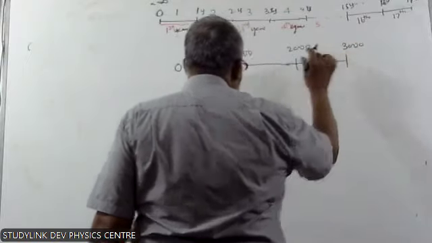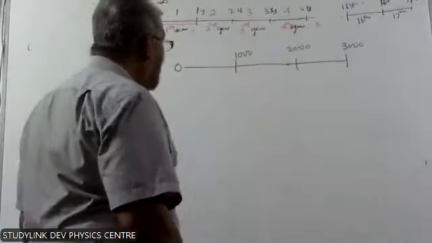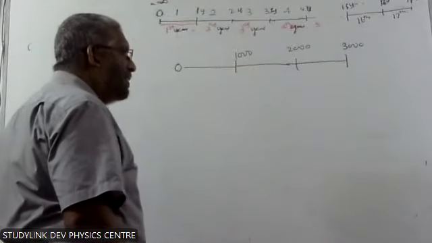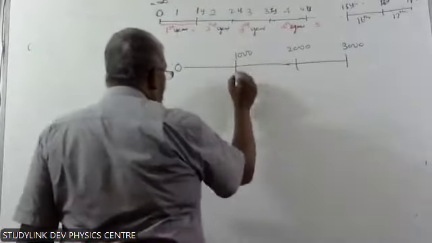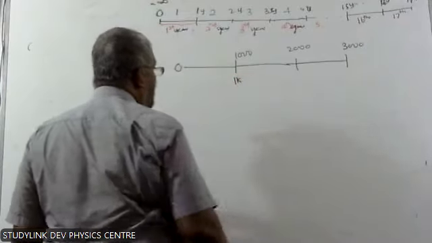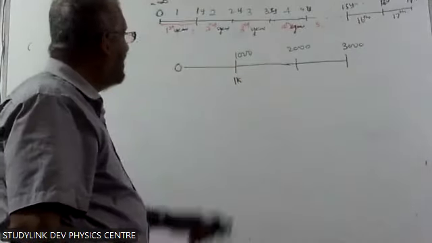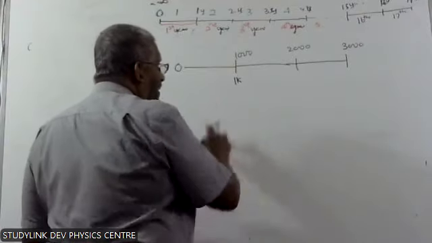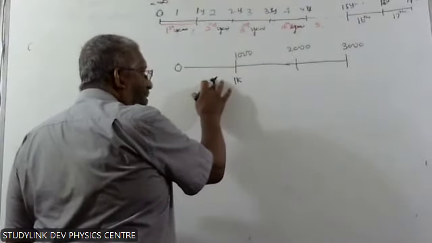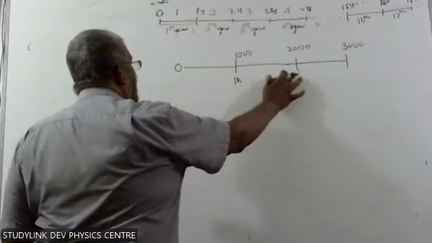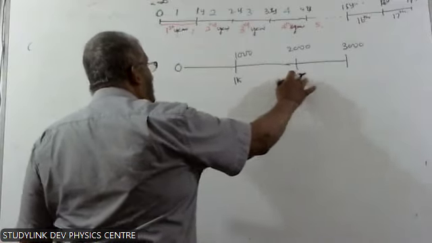We are in this range now. This is normally called 1K, and 1K means 1,000 years. This is the first millennium, second millennium, third millennium.